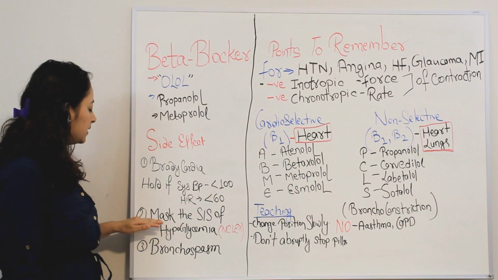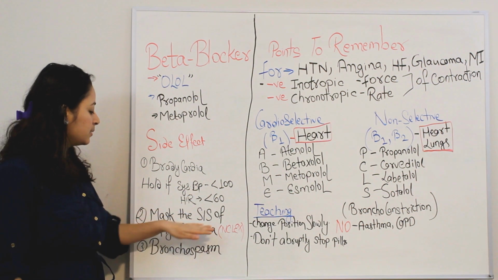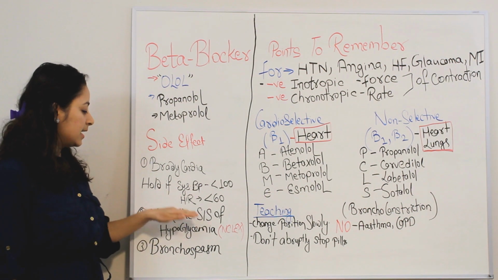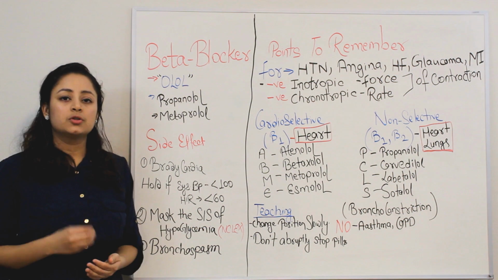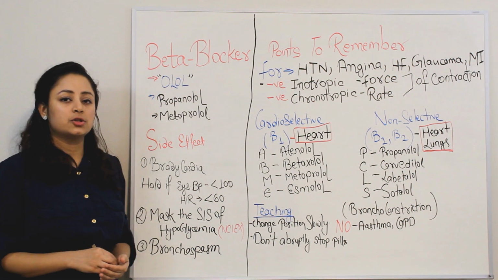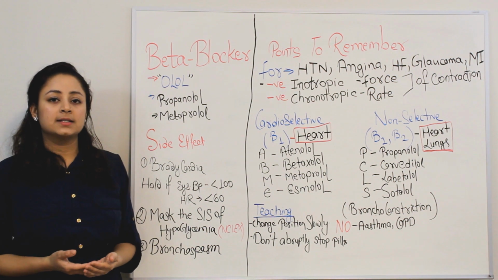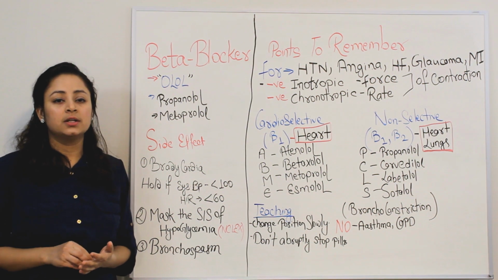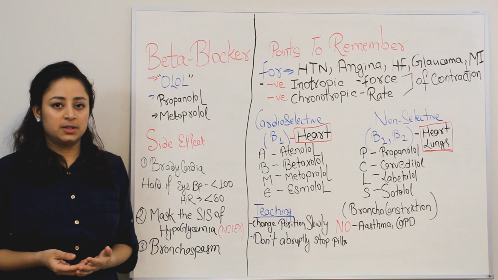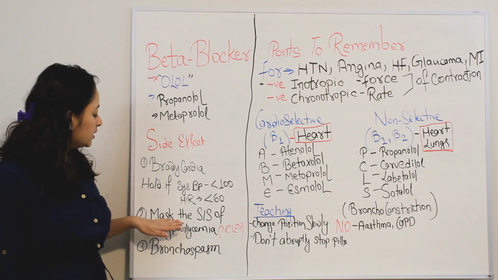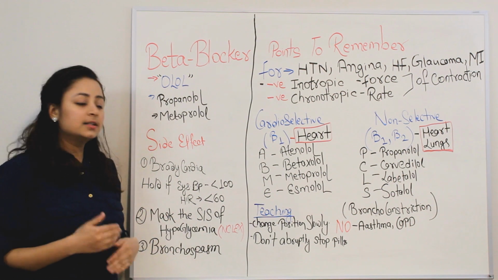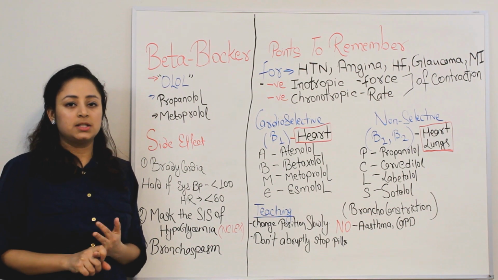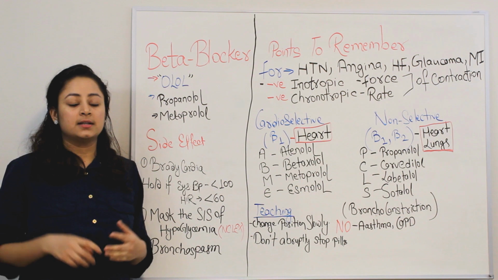And the second one is that it masks the signs and symptoms of hypoglycemia. Mask means it hides the signs and symptoms of hypoglycemia. So we have to be cautious before giving this drug to a patient who has diabetes mellitus, or a patient who is taking insulin or any kind of oral diabetic medications, because these drugs can hide the symptoms of hypoglycemia, such as tachycardia, sweating, nervousness, and shakiness.